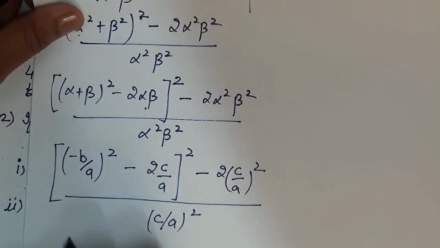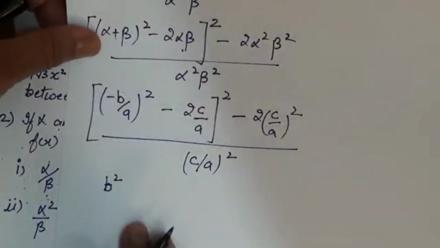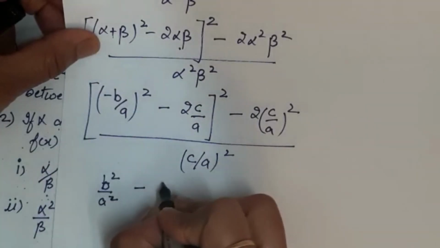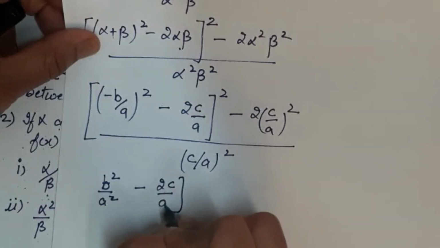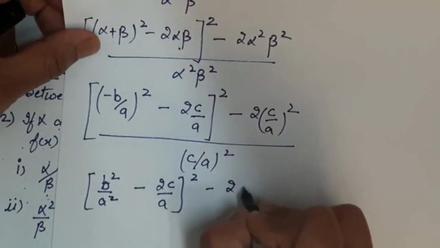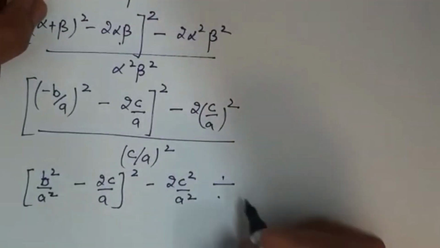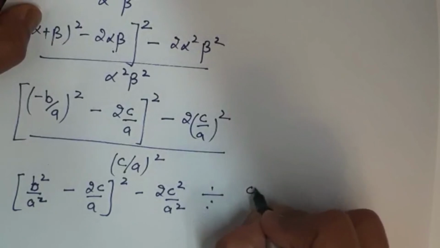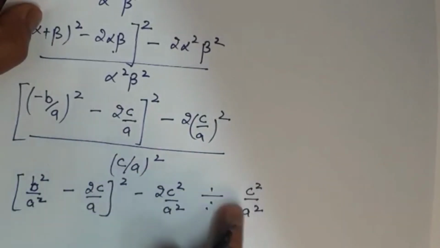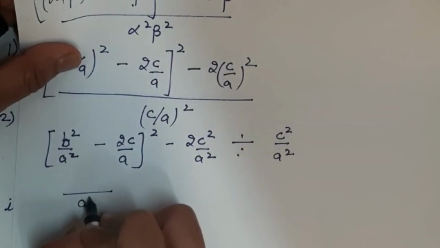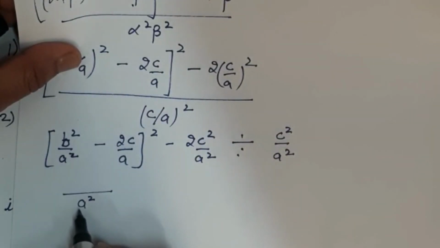Okay, now see, minus minus plus, it comes out to be b square upon a square minus 2c upon a whole square, minus 2c square upon a square. This divide I have written like this, I have put the sign, and c square upon a square, same way. Now take the LCM, it comes out to be a square again, not a cube, a square.